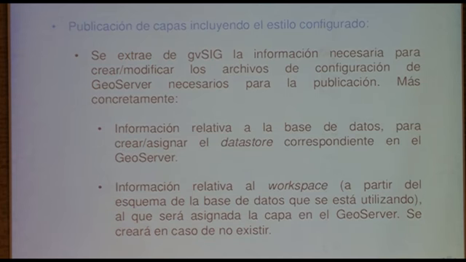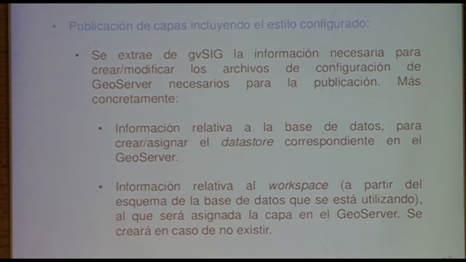Getting more in depth about the publication functionality, it extracts the necessary information from gvSIG in order to modify the configuration files of the GeoServer which are necessary for the publication. We can publish not just one layer from a data layer, but also from the GeoServer.